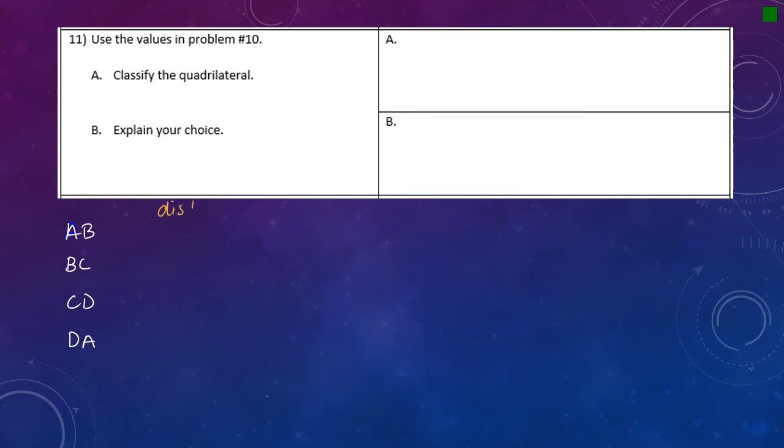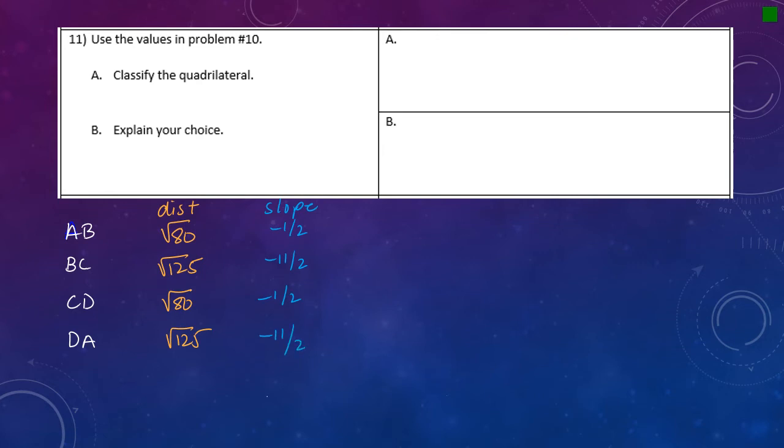I'm going to write the distances first. They were the square root of 80, the square root of 125, 80, 125. And then we also had to calculate slopes. They were negative 1/2, negative 11 over 2, negative 1/2, negative 11 over 2.